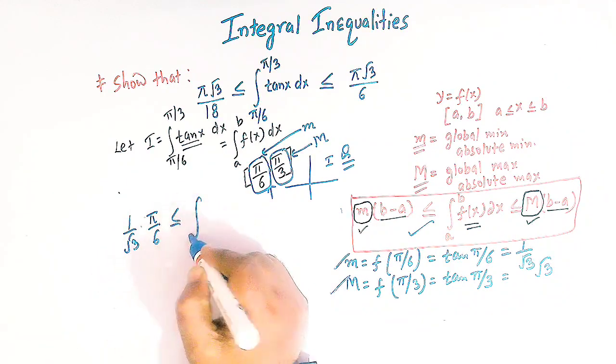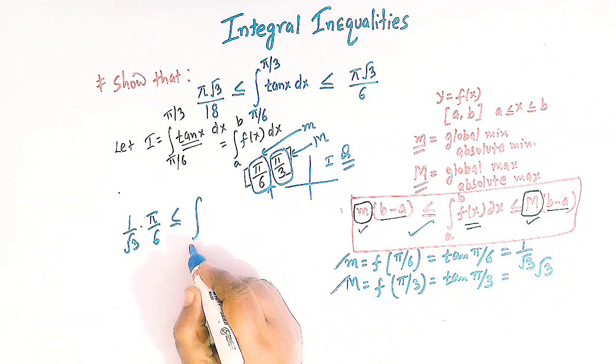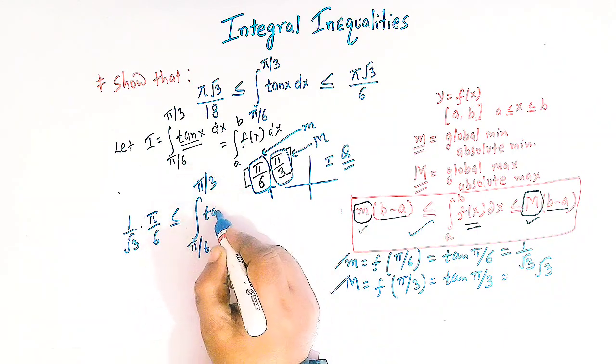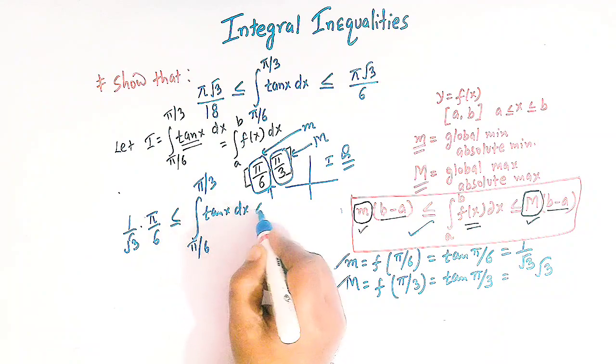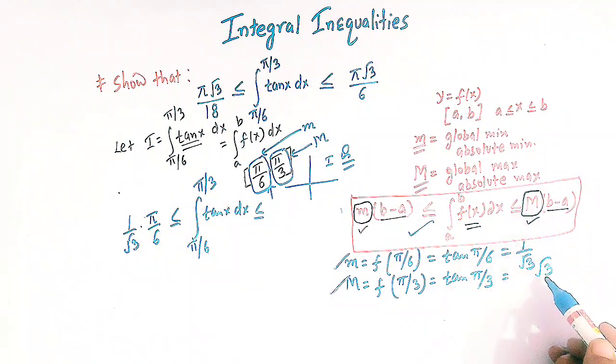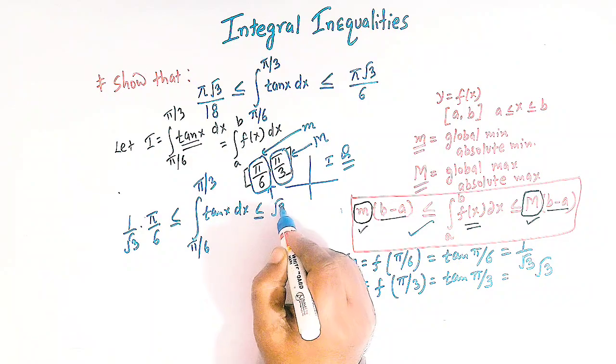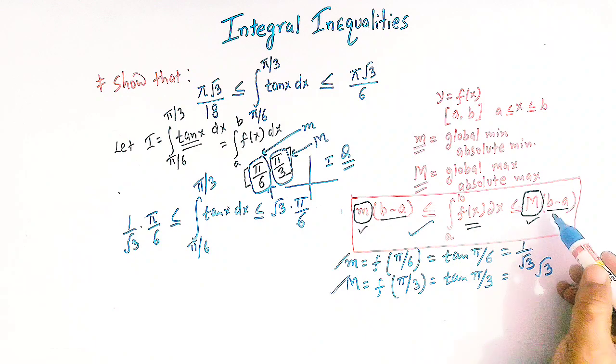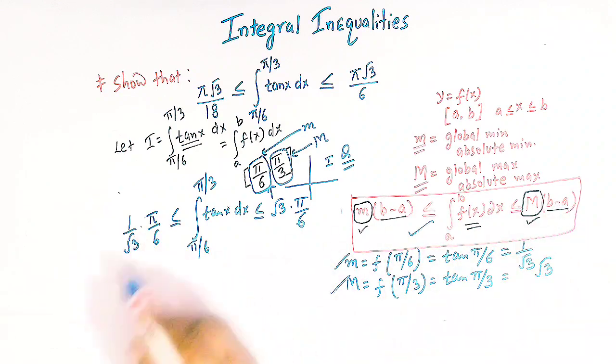And we have the integral from pi by 6 to pi by 3 of tan x dx, and here we have capital M, which is square root of 3, times pi by 6, right? b minus a is pi by 6.